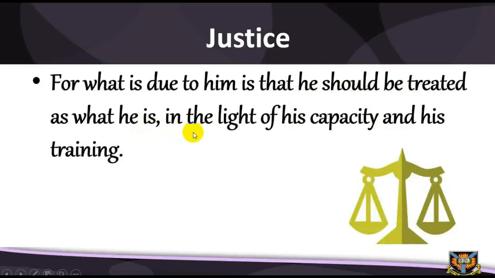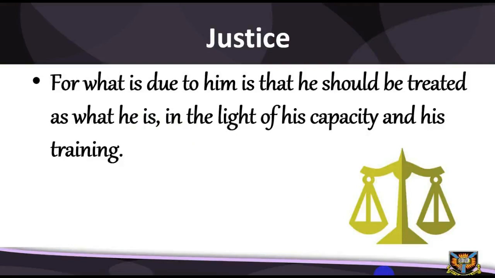This simply means that society should be divided into three classes: the philosophers, soldiers, and workers. And everybody in the society should perform their functions as either a philosopher, a soldier, or a worker, based on his capacity and learning, and that none should interfere in the realm or sphere of another. This, to Plato, is justice.